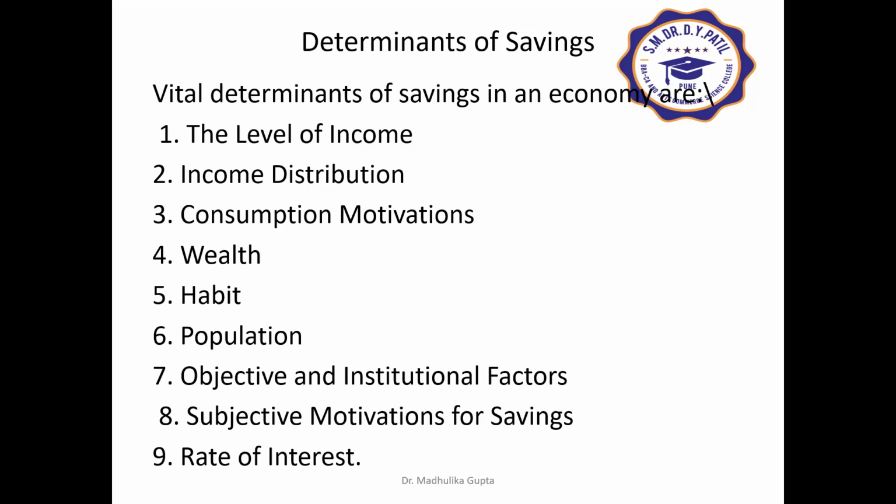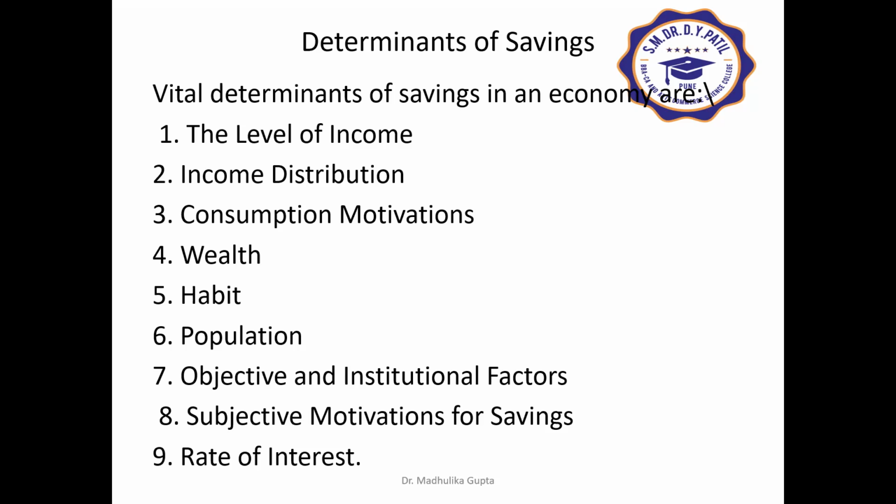The last factor that determines savings is the rate of interest. According to classical economists, saving is a direct function of the rate of interest. To put it symbolically, S is a function of i. That is, savings is a function of interest. It suggests that savings tend to rise with an increase in the rate of interest and vice versa.